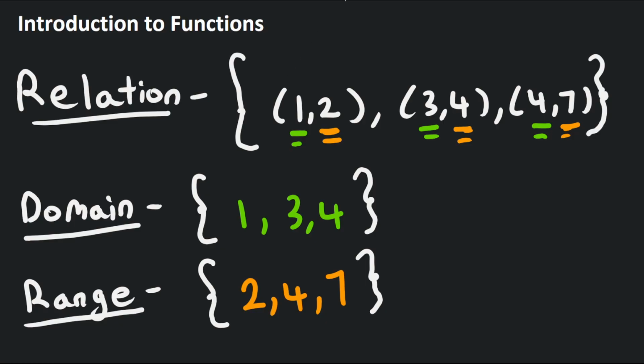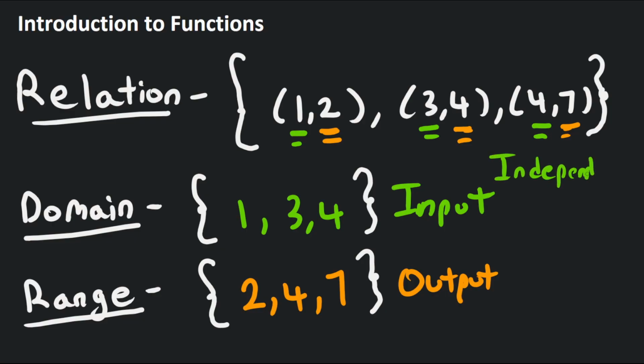The domain also has another name called an input. And the range also has another name called an output. So the domain of a relation, that's the input, and the range of a relation is the output. And now let's also talk about their other names. Another name for the domain or the input is the independent variable.